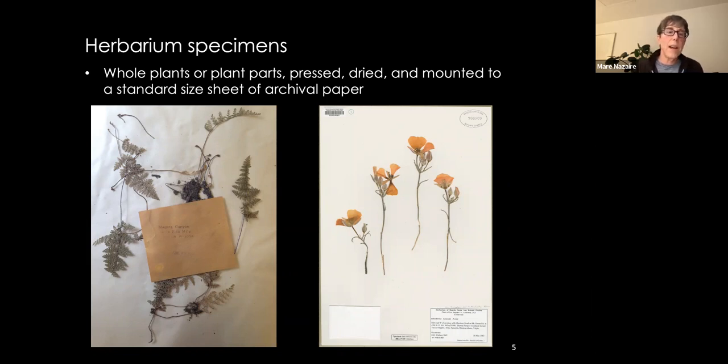On the left here, I have a specimen of a Bonnie Templeton collection of fern. This is unmounted, so specimens come in unmounted and then can get mounted onto archival paper. On the right, we have a specimen that has label information in the bottom right corner.